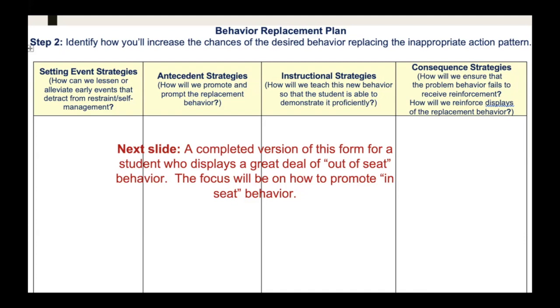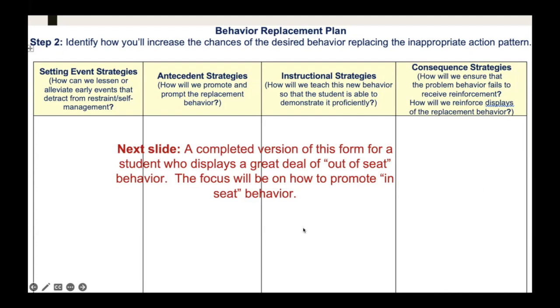How can we lessen the impact of the antecedent, the final stimuli before the behavior? And how can we work with the consequence so that we make sure this behavior doesn't get the payoff that it typically does, or we provide reinforcement for the replacement behavior?